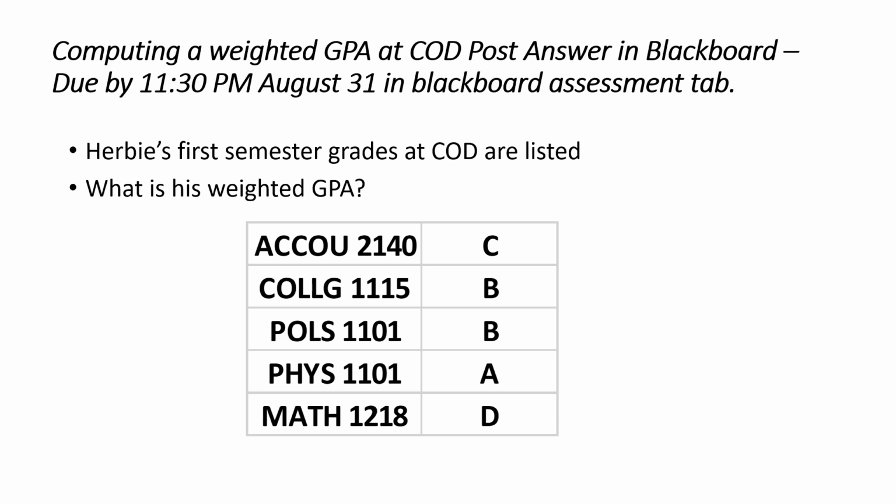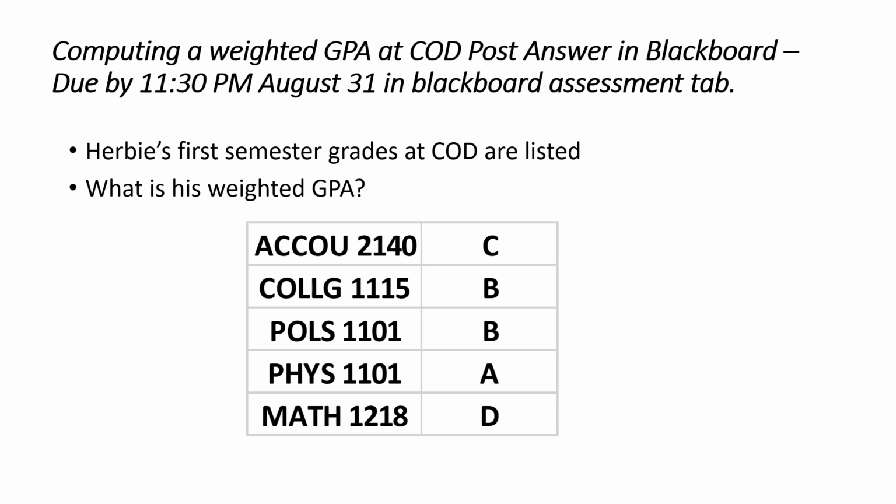But you want to do the work first, because all I'm really looking for is you putting an answer in there. But I would like for your answer to be correct. The problem has to do with computing a weighted grade point average at the College of DuPage, and you're to post your answer in Blackboard again before midnight, 11:30 p.m. on August 31st, 1 week from today.